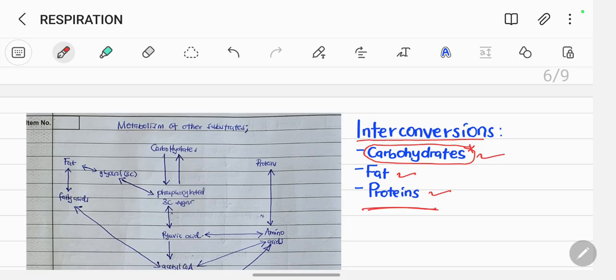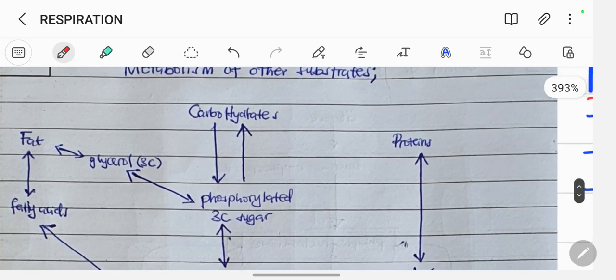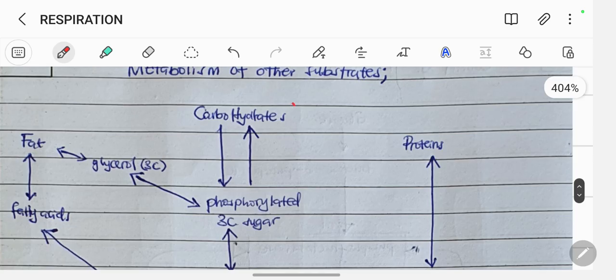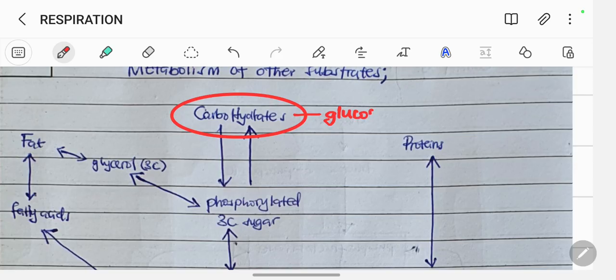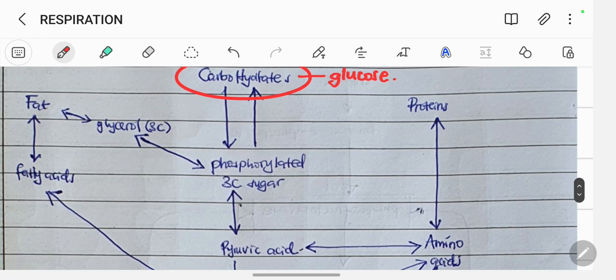So you may wonder, how would we get energy from proteins? How do we get energy from fats? So from our illustration here, I'm having carbohydrates as the main energy source. So we know very well that this is now glucose, and from our carbohydrate there, one arrow, these arrows are showing that it's a reversible reaction.